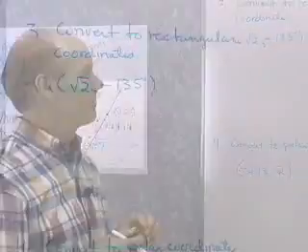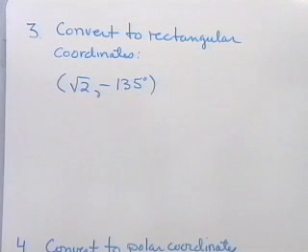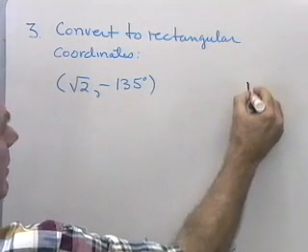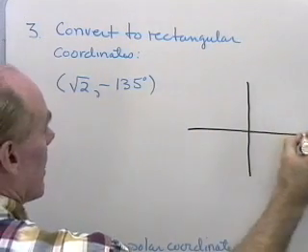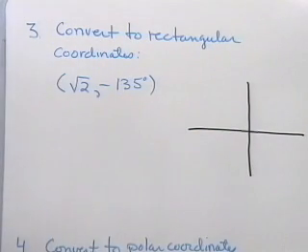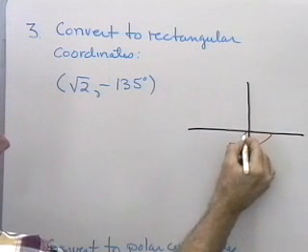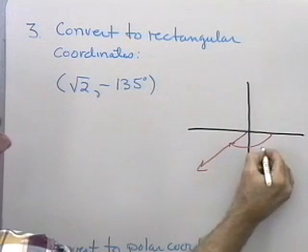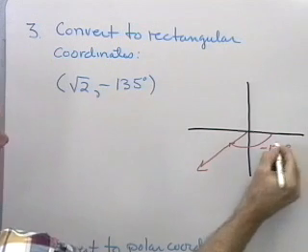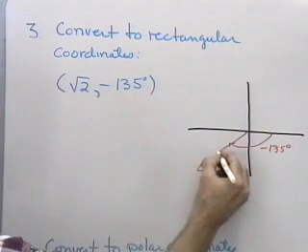Here's our first example. Convert to rectangular coordinates: square root 2, negative 135 degrees. Let's first draw a picture that will tell us what this looks like. Negative 135 degrees is going to be back this way. There's the ray, negative 135 degrees, and I want to go square root 2 units out on that.